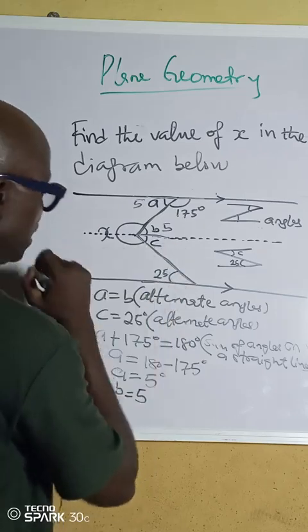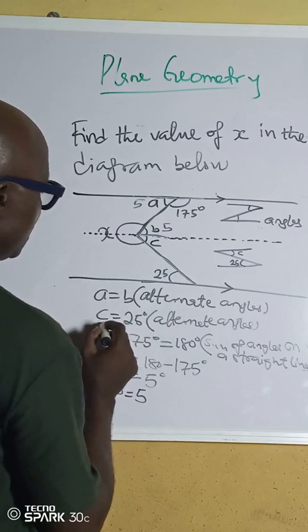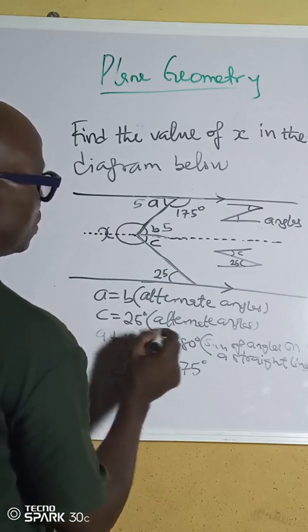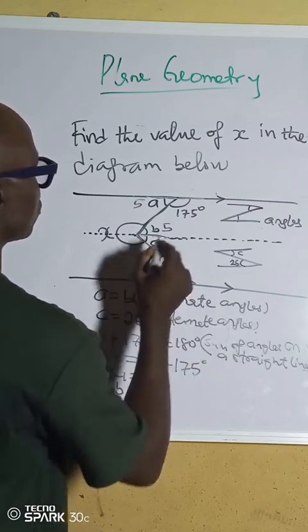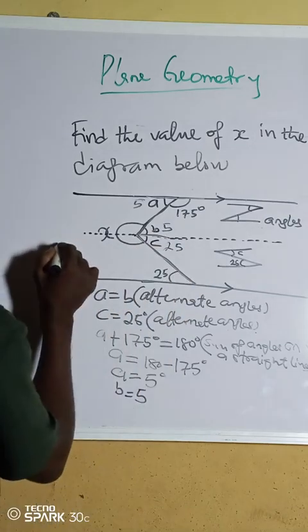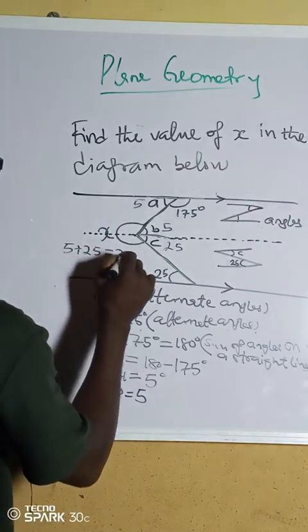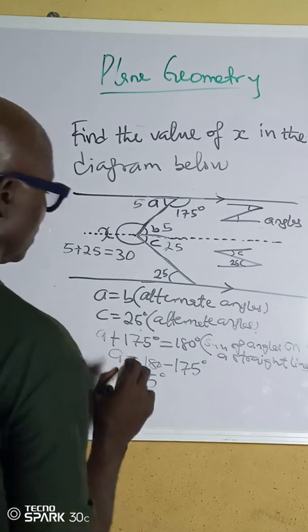Then when we come down here, we said C equal to 25. Alternate angles are equal. So this is 25. Therefore, if I add 5 and 25 together, that gives me 30.